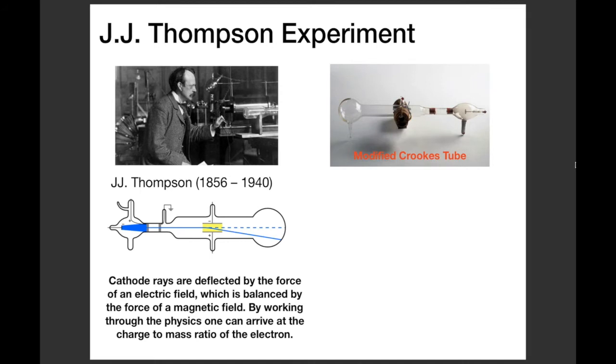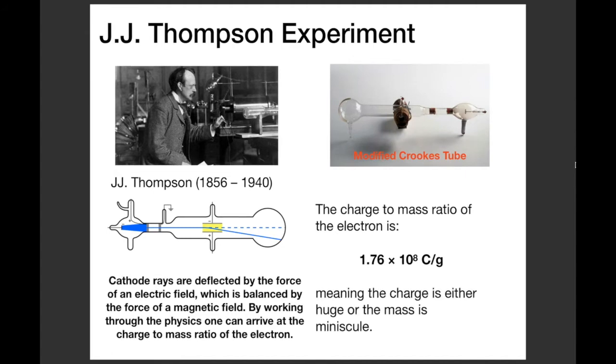A magnetic field could be used to rebalance the particles back up into the center. By using those forces and working through the physics, Thomson was able to arrive at a charge-to-mass ratio of the electron. He determined that the charge-to-mass ratio of the electron is 1.76 times 10 to the 8 coulombs per gram. What this means is that either the charge of the electron is enormous or the mass of the electron is incredibly small. It took further experimentation to determine which is the case.